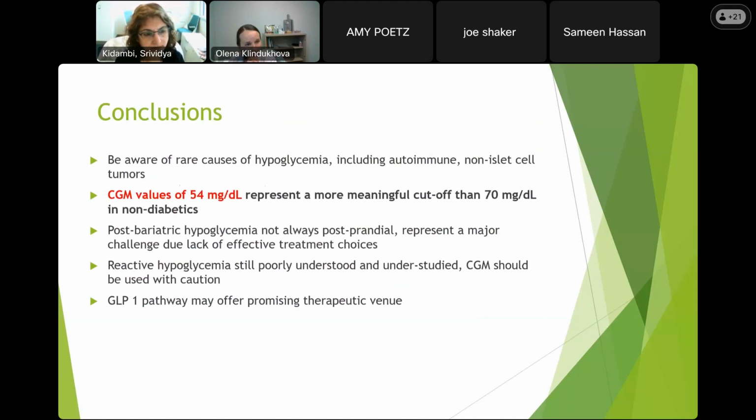Again, reactive hypoglycemia remains poorly understood and understudied, and I do advise extreme caution when we put CGMs on those patients, because typically it's a lot more anxiety provoking and a lot more challenging for patients and for the provider to further untie all this hypoglycemia. And GLP-1 can be a pathway that has promising therapeutic avenues.